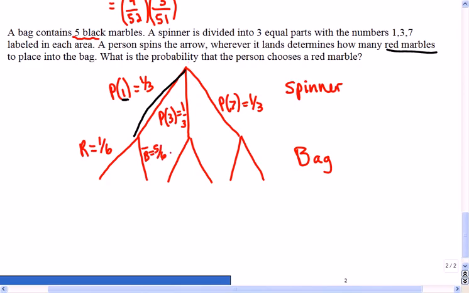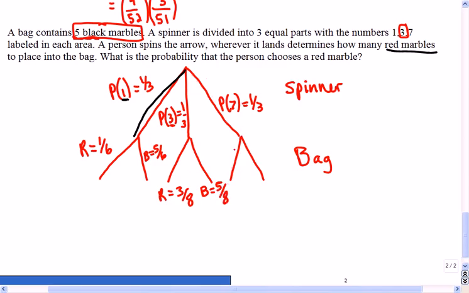If I follow the middle branch, then that means I've placed 3 red balls. So there are now 5 marbles plus the 3 that I've just put in. So it will be 3 out of 8. And the black marbles, there are 5 out of 8.